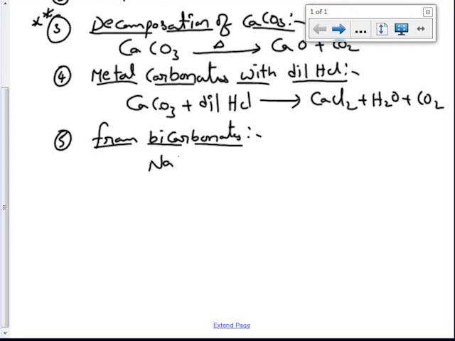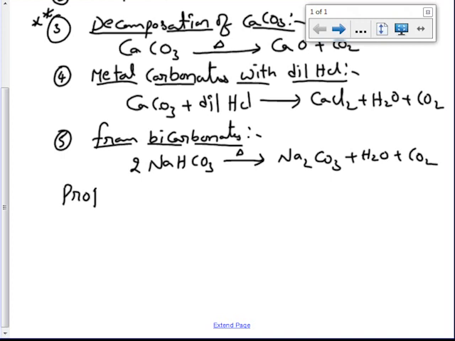Take sodium bicarbonate, sodium hydrogen carbonate, NaHCO3. On heating, it becomes sodium carbonate, Na2CO3, plus water plus carbon dioxide. These are the methods of preparation of carbon dioxide, and now we'll discuss the properties.